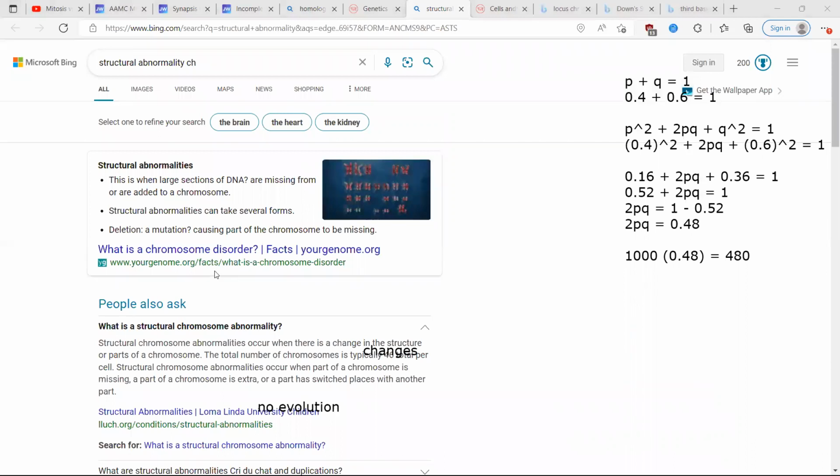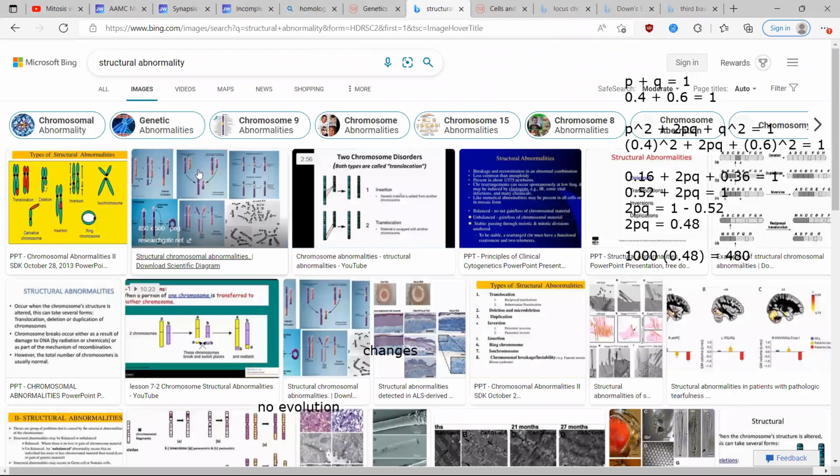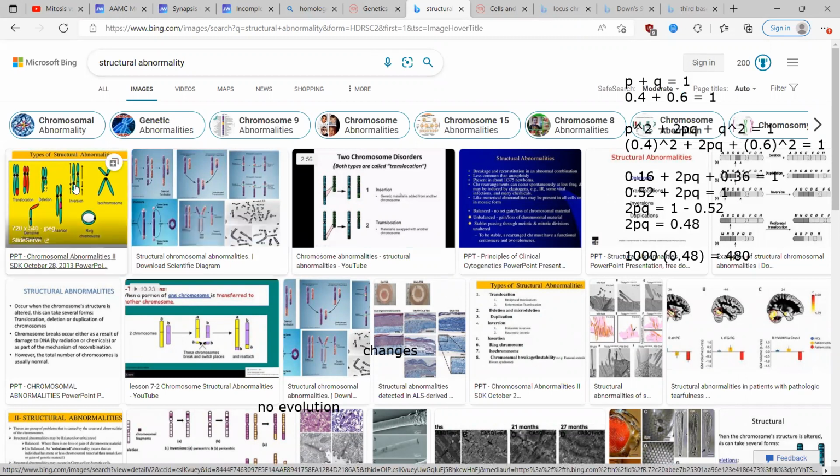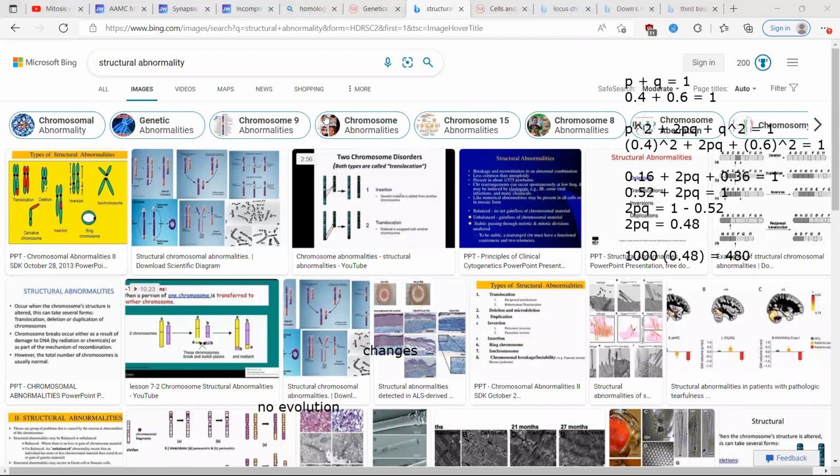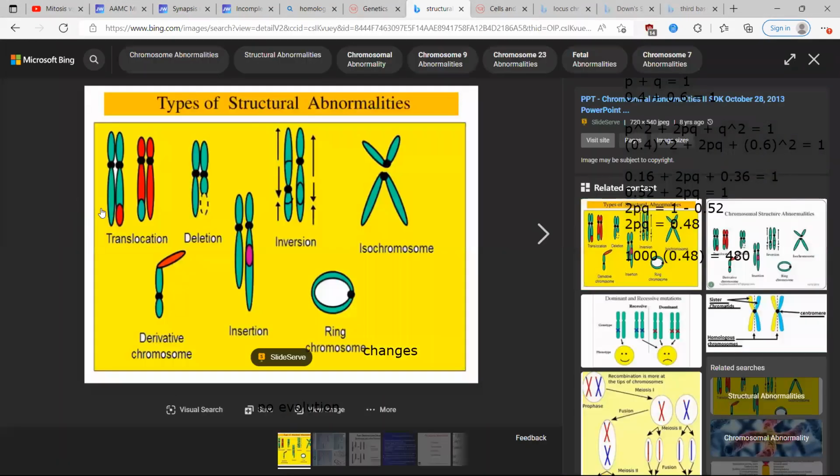So I never even heard of this before. And you see what I'm doing now, where I'm going through a question and I'm like, what the heck is an abnormality? I never heard of this. This is something I'm going to take a note of. If I'm studying for the MCAT, I'm taking a note of this and putting it on a flashcard or something, just so I know what a structural abnormality is now.